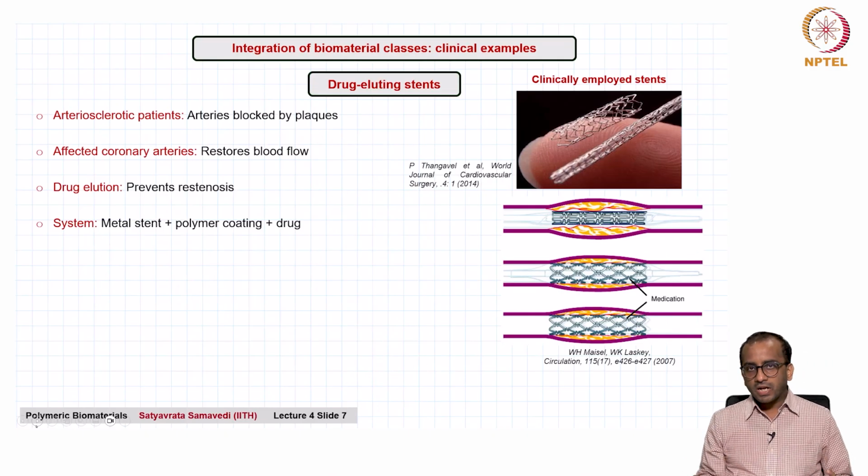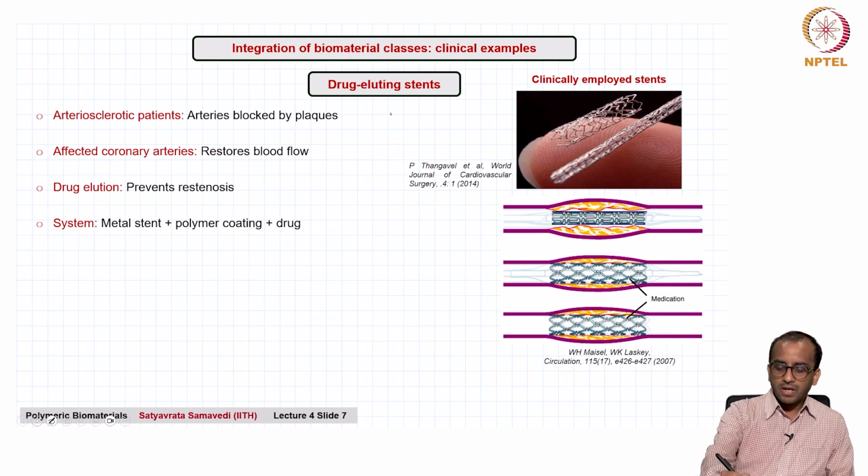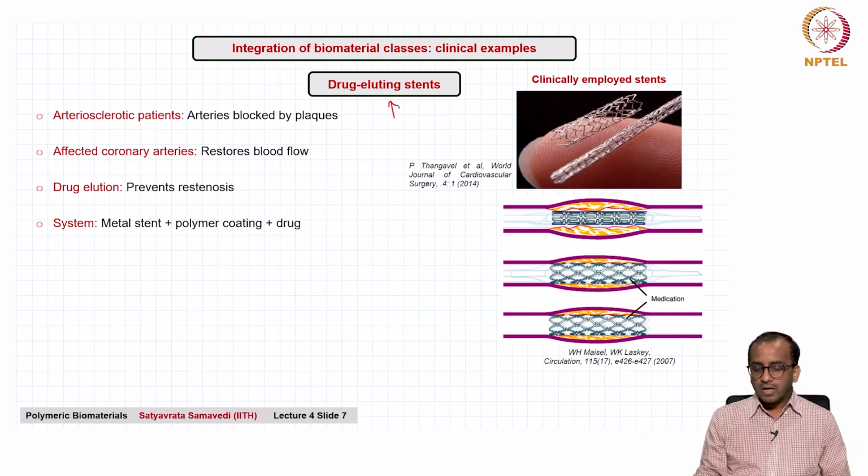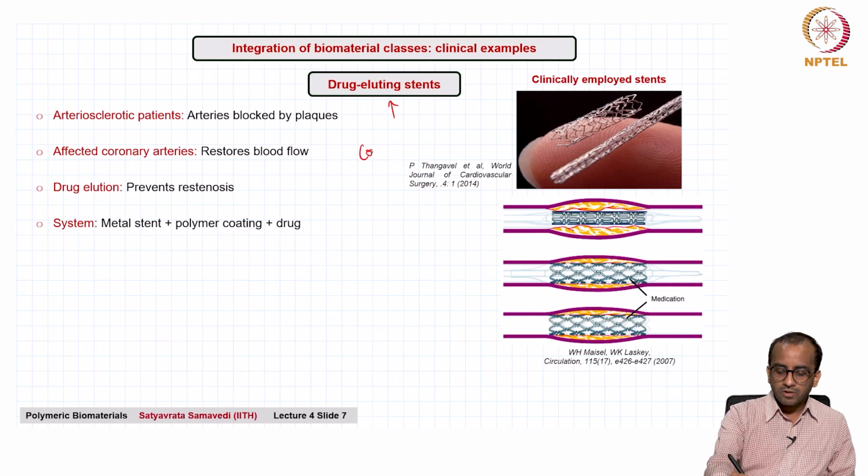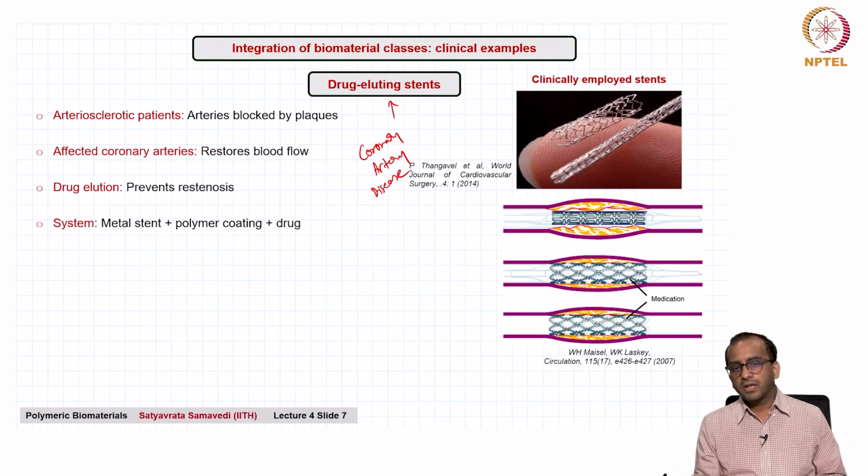Now we will also look at clinical examples in some other contexts of devices that integrate multiple classes of biomaterials. We will first look at drug-eluting stents, which essentially are metallic stents that are used for patients suffering from coronary artery disease.